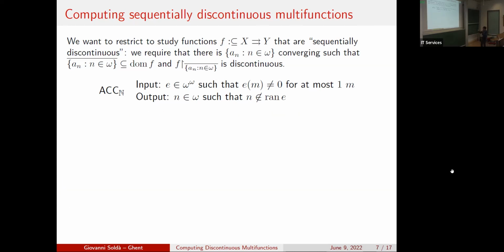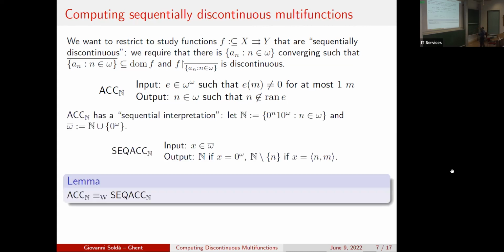Okay, and as we will see, this is essentially the problem that every discontinuous function will compute. It's quite interesting that it is not the most immediate intuition to say that ACCN is discontinuous, but ACCN has a sequential interpretation in this sense.